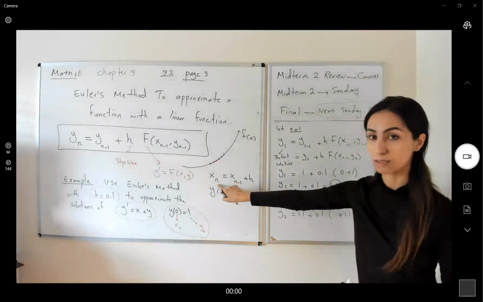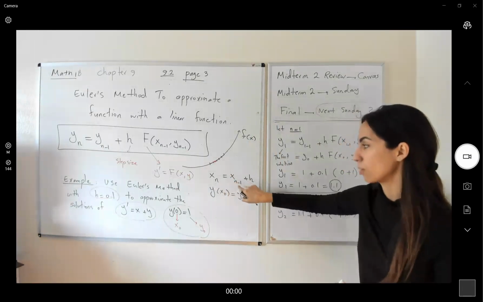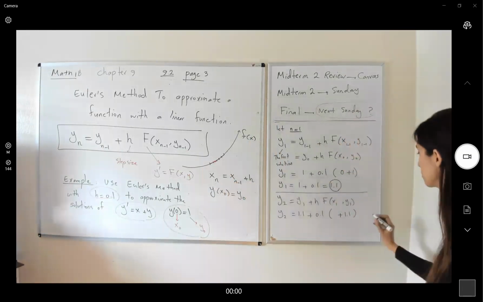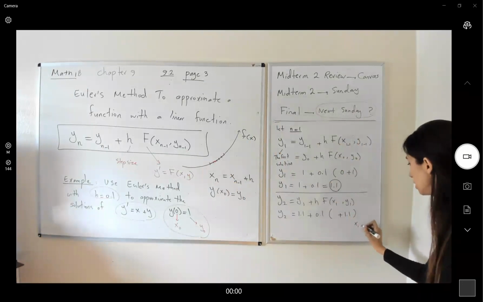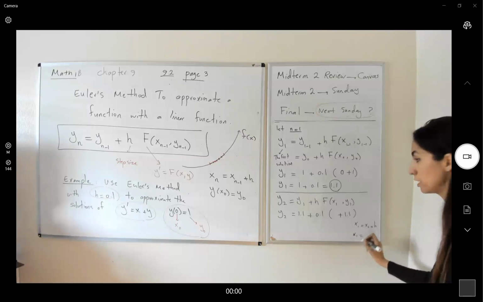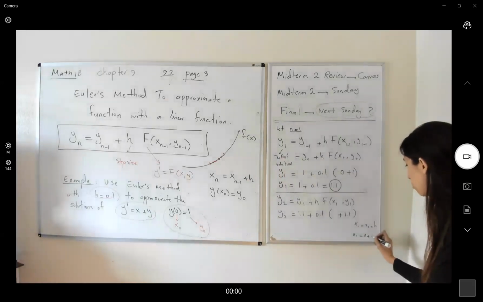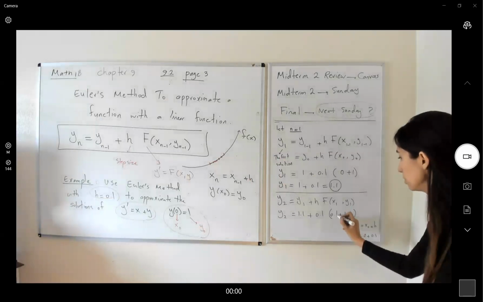To find x sub 1, you have to follow the formula. X sub 1 is x sub 0 plus h. X sub 0 was 0, h is 0.1. So 0.1.